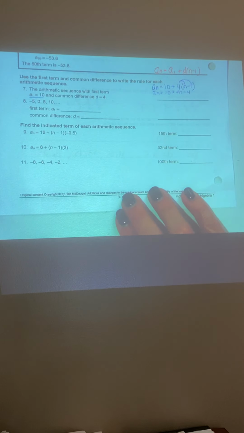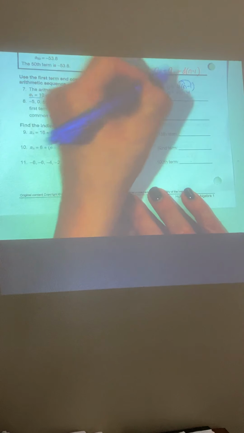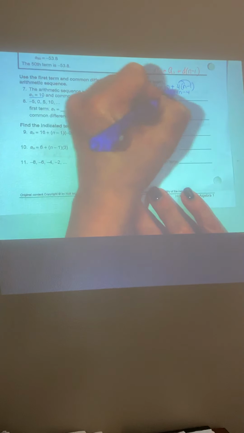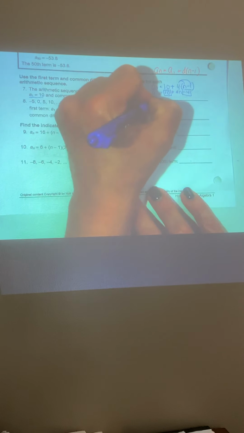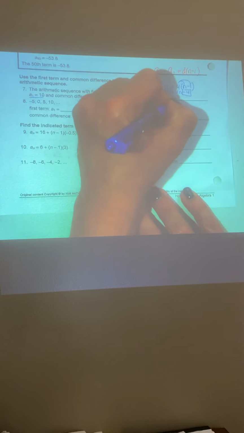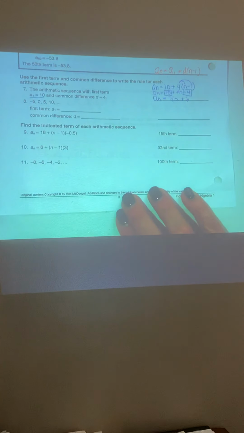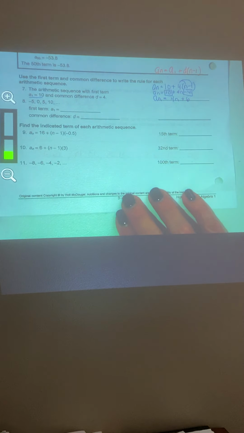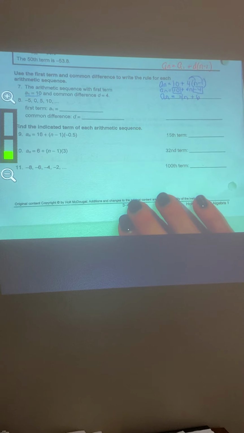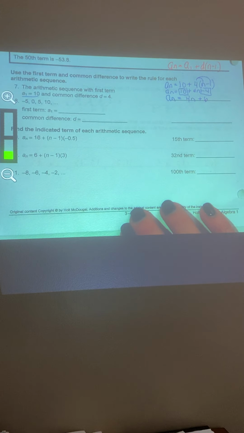And what do I do now? I'm going to combine like terms. And now I get A to the n equals 4n plus 6. And that's my answer. I'm going to make that a little bigger. And there's my answer.